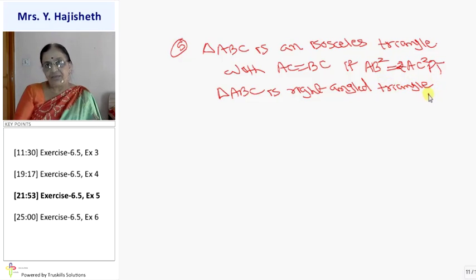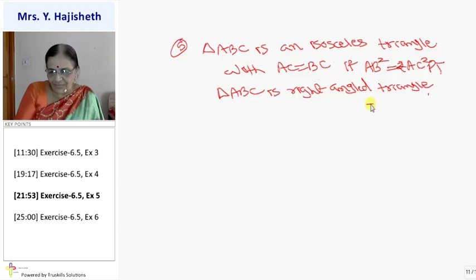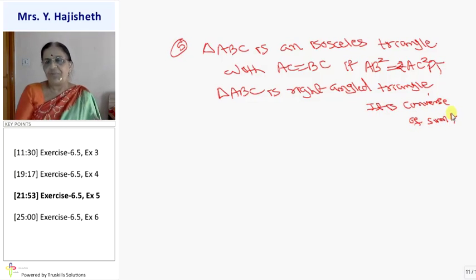So it is the converse of sum number 4. Clear? It is the converse of sum number 4, because what is given there is to be proved here, and what is to be proved here is given there.